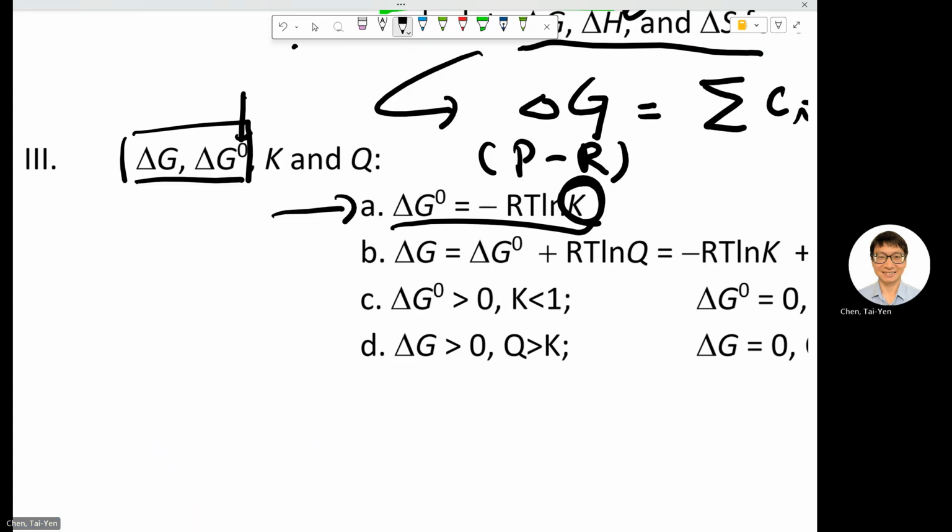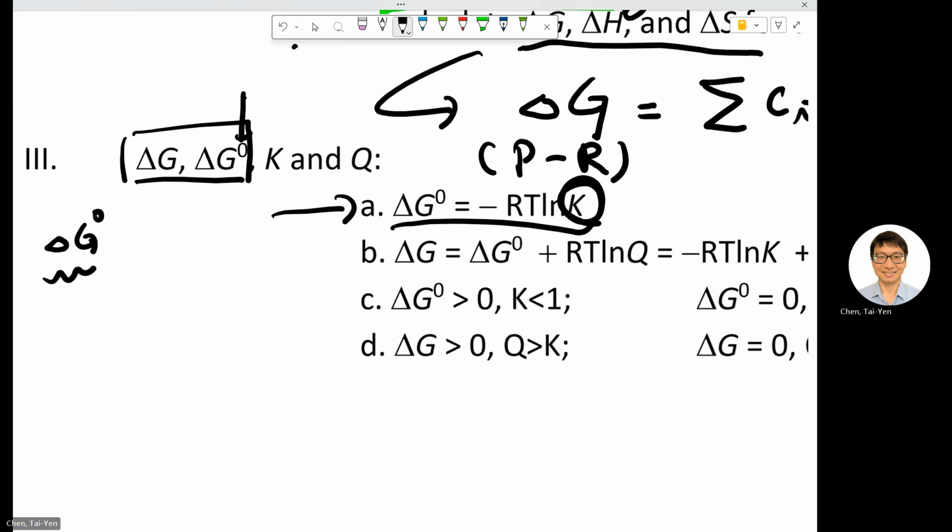Therefore, they did a lot of observation and eventually came to this conclusion. And then they wanted to compare between different substances. Let's compare how far away their delta G naught is.